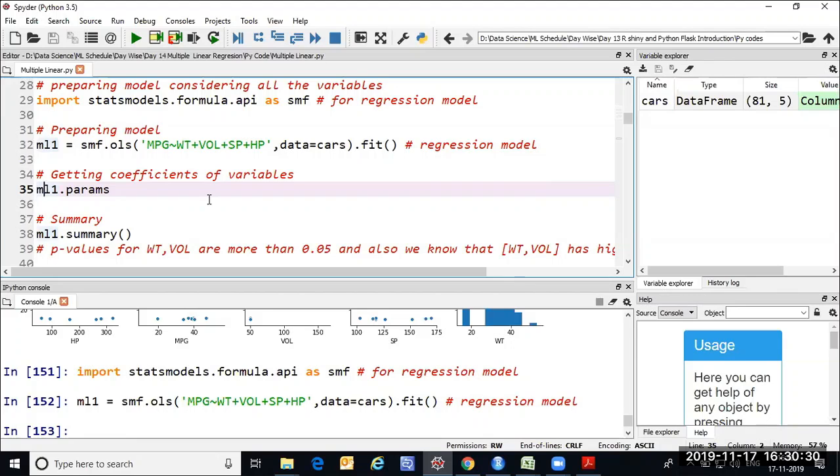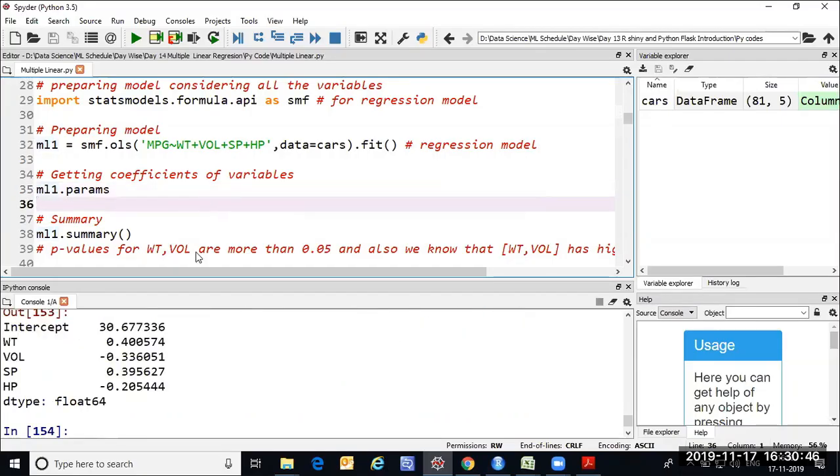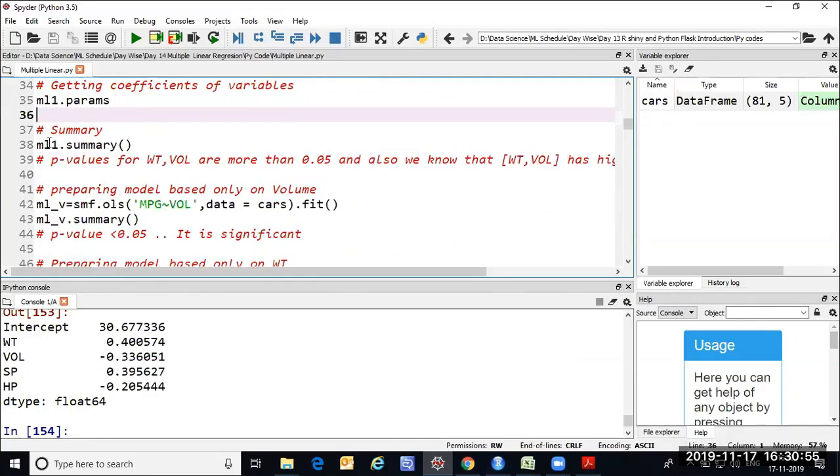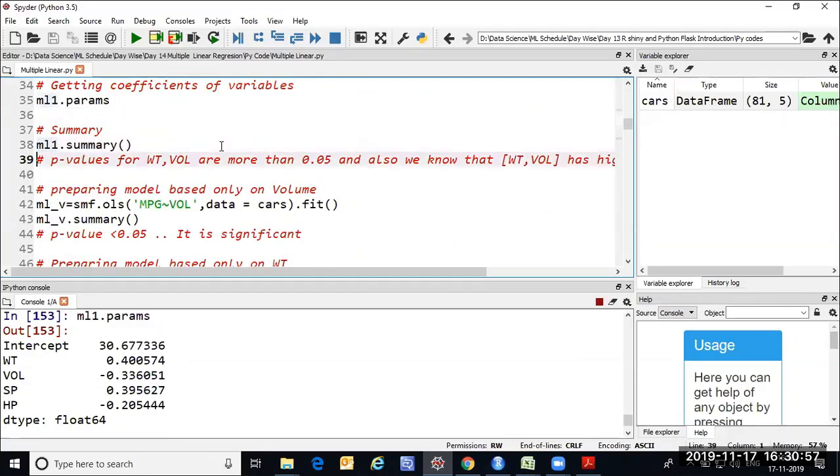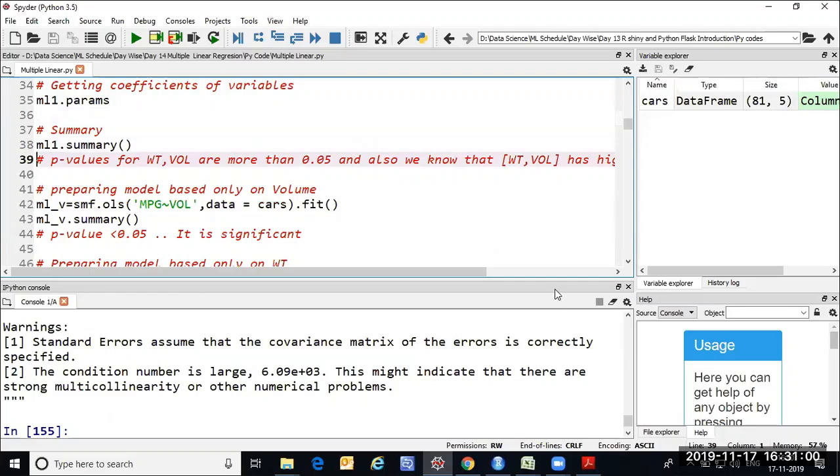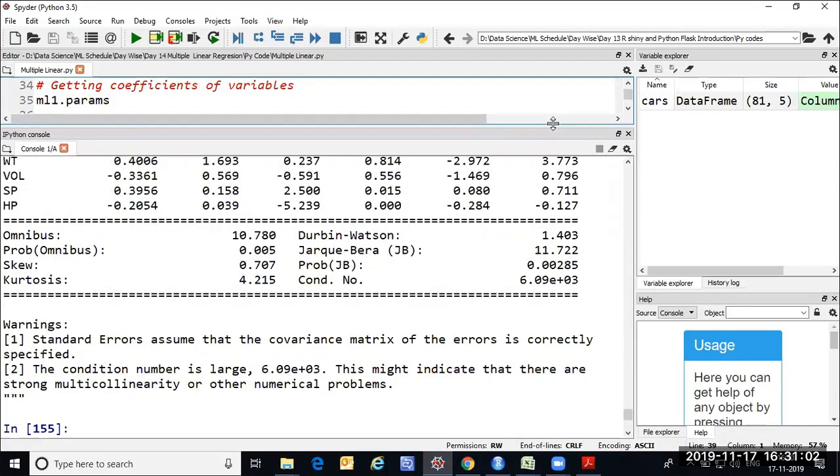In the regression equation, beta naught, beta 1, all coefficients can also be called parameters or estimates. These are the intercept value and the coefficient values for all 4 input variables. And if you do .summary, it gives the complete result of the model.